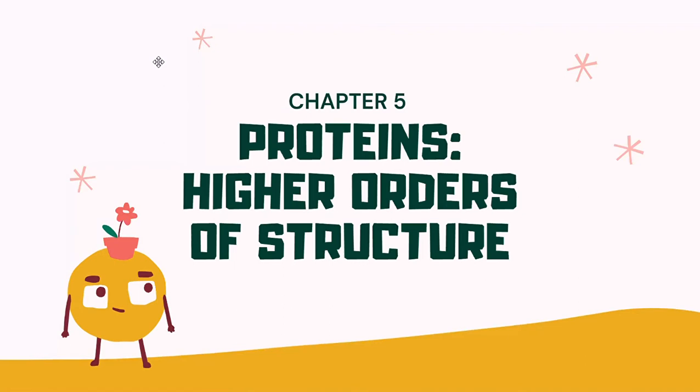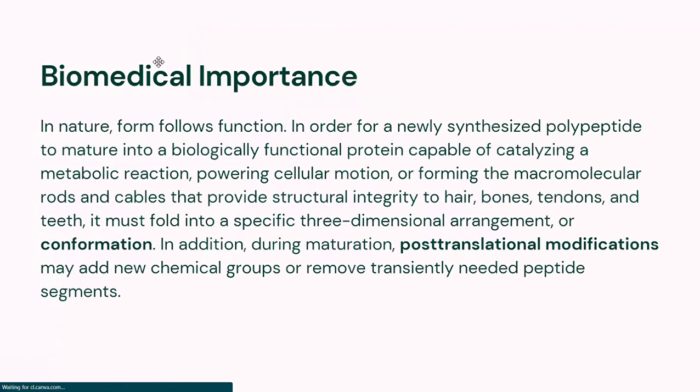So let's go to higher orders. We have seen already the primary order, which is just a sequence of amino acids joined together by peptide linkages, and what we call a polypeptide or a polypeptide chain.